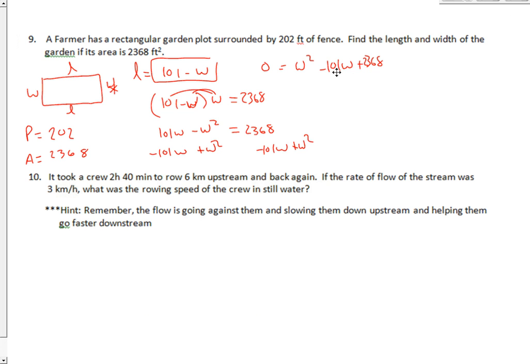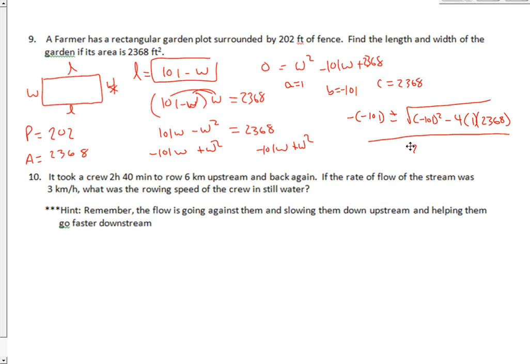Okay. Now I'm going to use the quadratic formula for this. So A equals 1, B equals negative 101, and C equals 2,368. So I'm going to have the opposite of negative 101 plus or minus the square root of negative 101 squared minus 4 times 1 times 2368 all over 2 times 1, so 2.